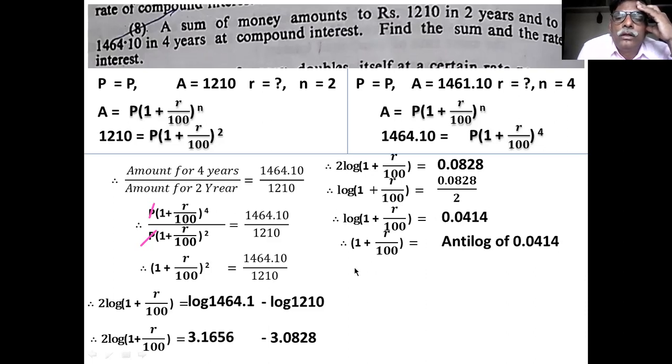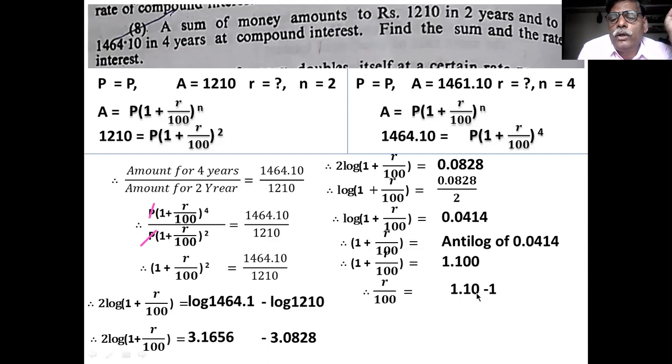So its value is 1.1100. How to see the anti-log table? 0.04, column 1, mean difference 4. You see its value is 1110. And the characteristic is 0. You leave one digit and give the decimal point. 1.10.